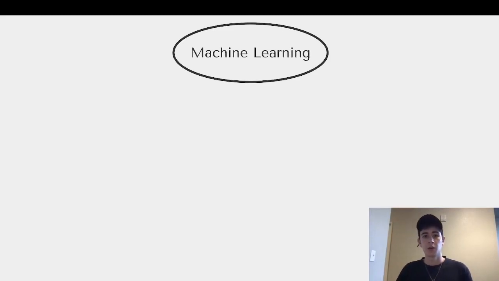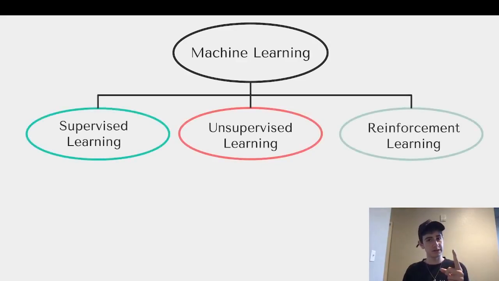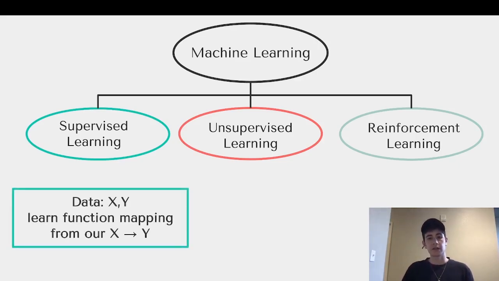In machine learning, we have three real sects. We have supervised learning, unsupervised learning, and reinforcement learning. Supervised learning is learning the function mapping from some data x to some target value y.